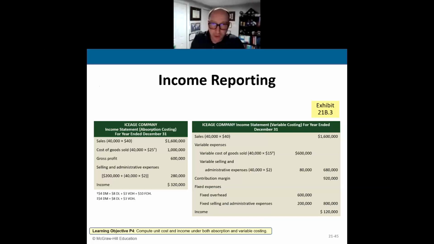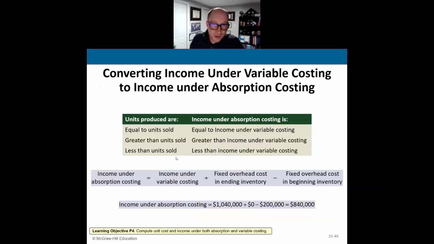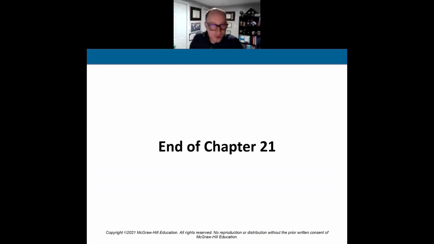And then of course we could report based off of that absorbed or variable cost. That's all this tells us. So no need to go too deep in it, but it's good to understand, though not terribly important, at least not for this chapter. That is a more advanced level of accounting concept.